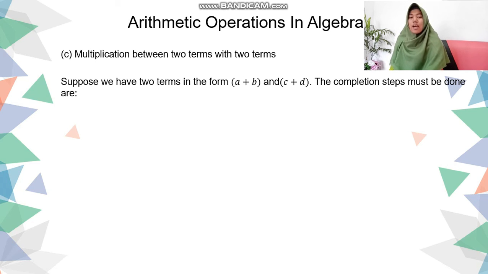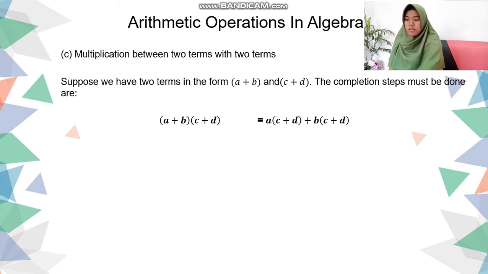The completion steps that must be done are: (a plus b) times (c plus d) is equal to a times (c plus d) plus b times (c plus d), equals ac plus ad plus bc plus bd.